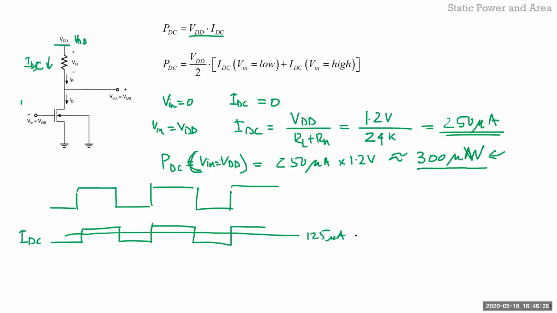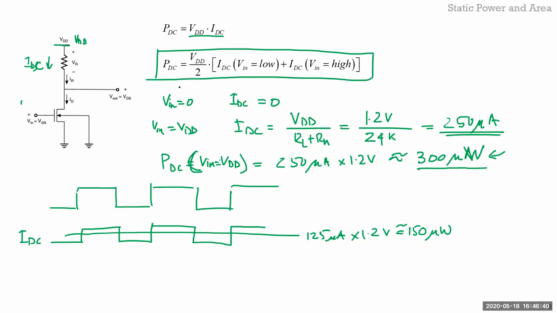And that's the average power which is dissipated, which is roughly something like 150 microwatts. And that's what this equation is. It's basically saying find the power when the input is high, find the power when it is low, times VDD by 2 is the average power which will be consumed. But obviously it depends on the thing. So that's your static power consumed.